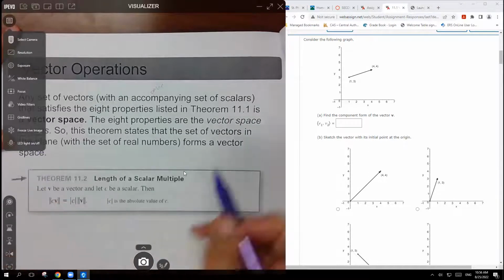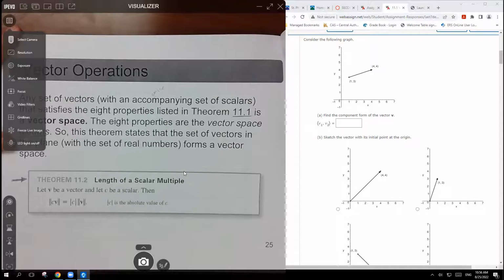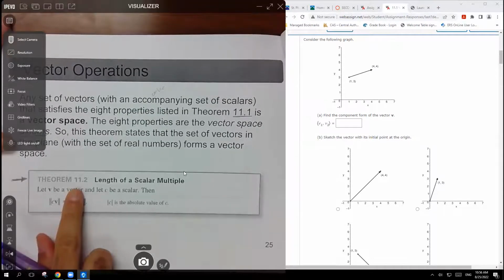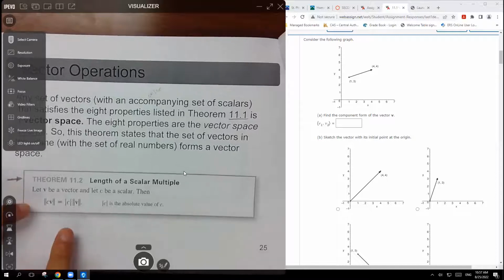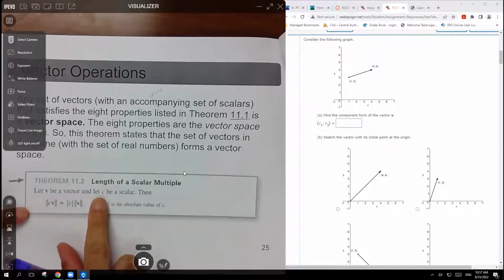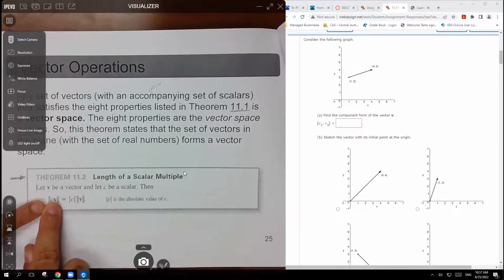This is Theorem 11.1, the first theorem. Theorem 11.2, the length and the scalar. This is also important. Let V be a vector space and C be a scalar. Then you see the norm, or the length. This is really important. The norm, I told you, means the length.